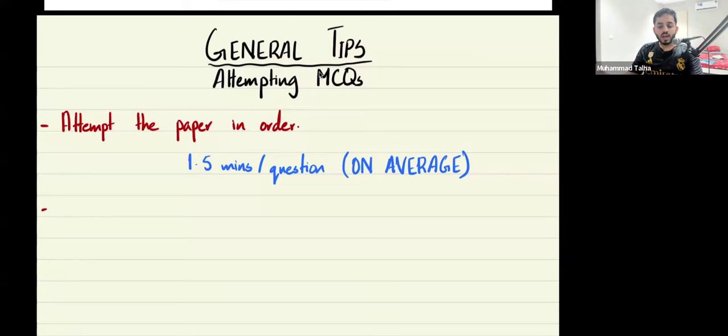But if you have some prep and you're an average student, and you run into a problem, keep in mind that other students will also be facing the same problem. So on a harder question, don't obsess over it. Go forward and complete the paper and then come back to it.